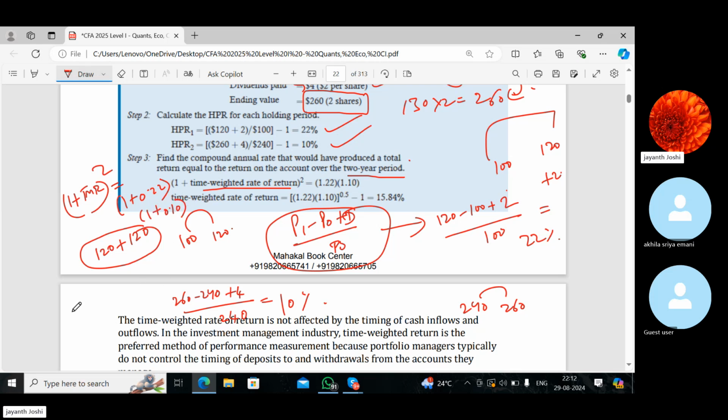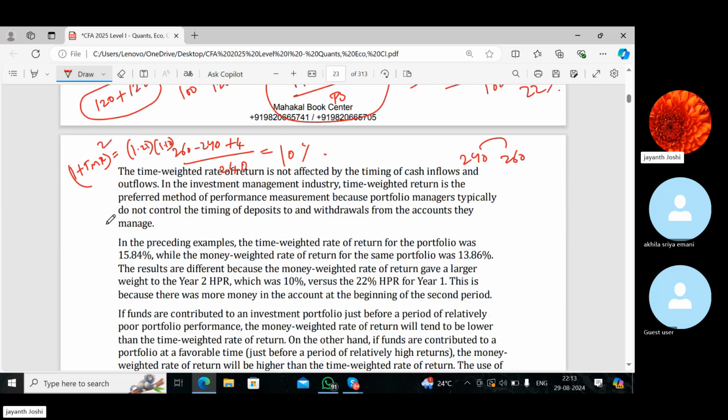So 1 plus time weighted return is equal to 1.22 into 1.10. Now this is whole square, so I will do it neatly.